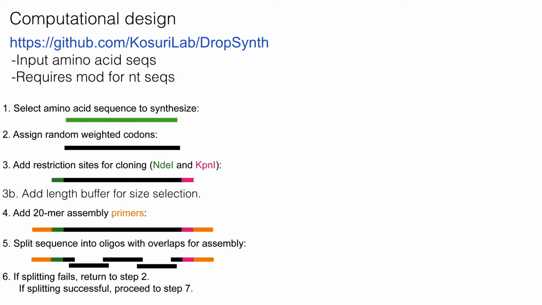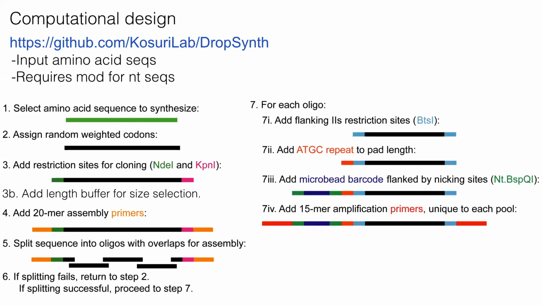So we've added a buffer that can help narrow that all into a single band. We then add assembly primers, split the oligos into sequences, see if this fails or not, and possibly do this several times. For each oligo, we add the restriction enzyme site necessary to remove it from the beads, and another buffering region to make sure that all our oligos are the same length. We add the microbead barcode and amplification primer, and then you're done.